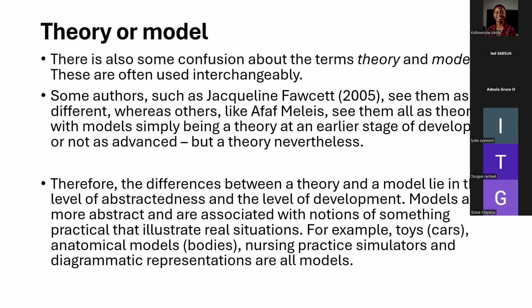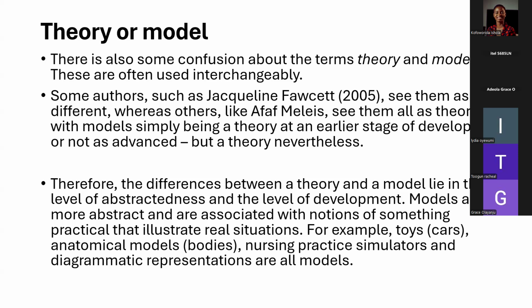But then, so just be aware. Why I brought up this is for you to be aware when you're reading some theories, they may call it a model, but it's a full theory. So based on your interpretation, when you read it, you understand it, then you can know that, okay, this is a full theory or it's just a miniature of what the full theory is. And in most cases, we also use model to represent the diagram that we draw to represent our theory.